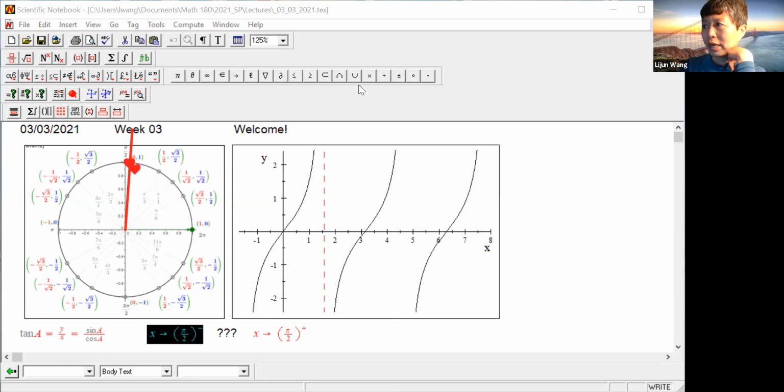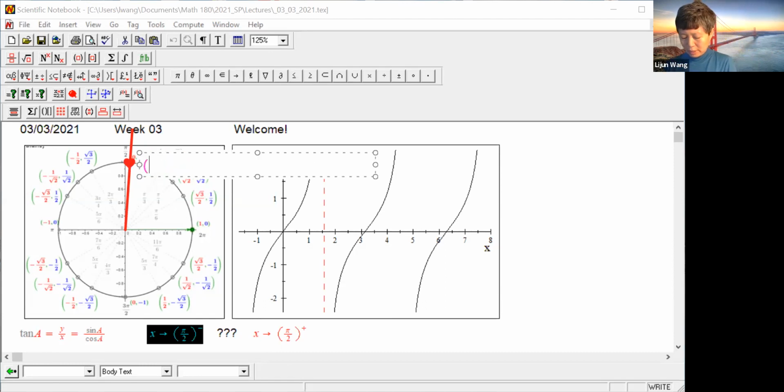Following the definition, we pick a point x comma y. So we know that tangent of this angle is going to be y over x, right?